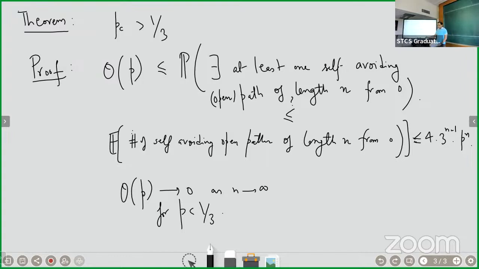That percolation implies something. Can you control those? Percolation implies that for every n, there has to be an open path of length n. But the expected number of paths is only so many. So if you want percolation, it better be that this quantity cannot go to 0. Very simple.